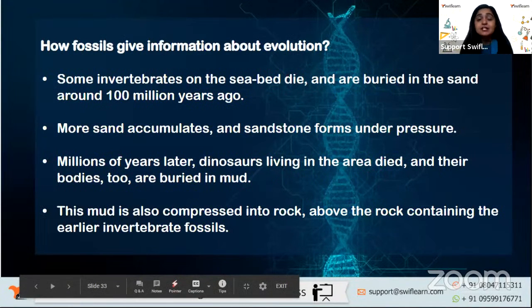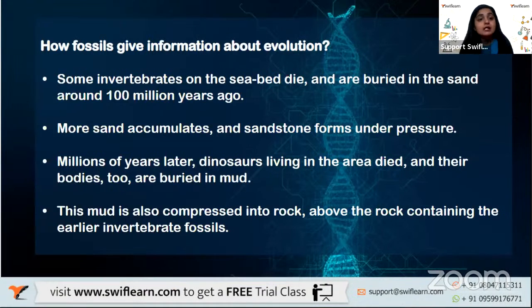How fossils give information about evolution. Some invertebrates of the seabed die and are buried in the sand around 100 million years ago. More sand accumulates and sandstone forms under the pressure. Millions of years later, dinosaurs living in the area died and their bodies too are buried in the mud.